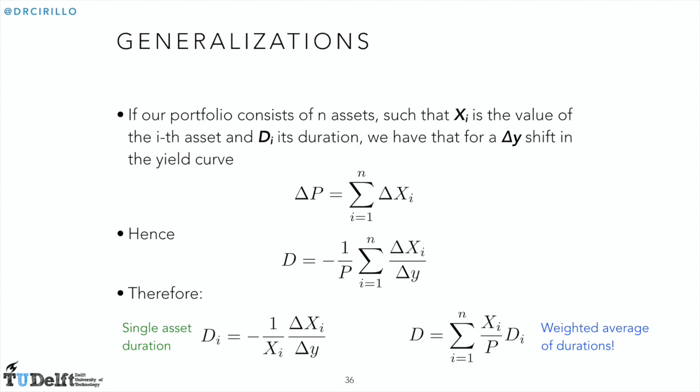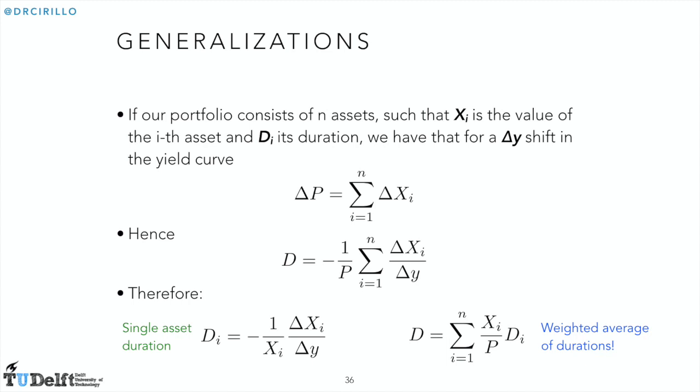So what I can do, I can apply the duration definition again, and what I have is that D is now equal to minus 1 over P, the sum of the sensitivities of the different assets with respect to the change in the yield. Okay, what I'm doing is just substituting delta P in this formula and collecting the terms. Nothing more, nothing less. But now what is interesting here is that I can play a little bit with these quantities. I can collect these quantities as I prefer.